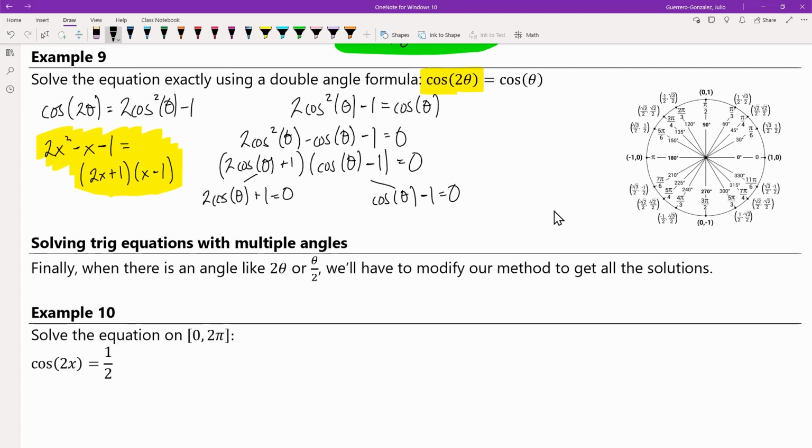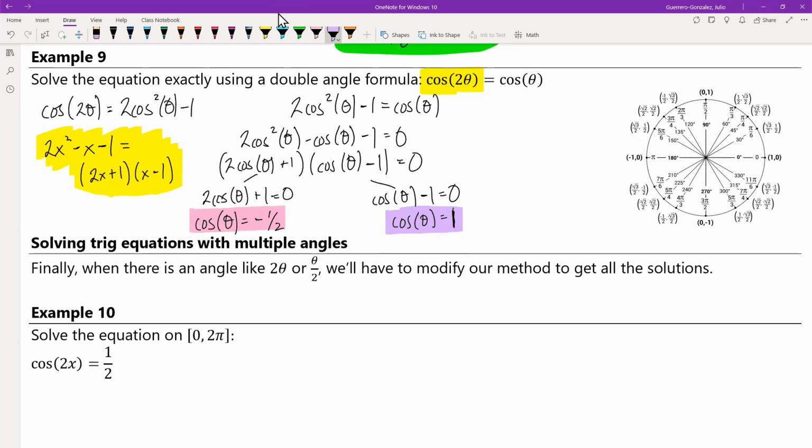If you solve out for cosine, cosine of theta is equal to negative 1/2, or cosine of theta is equal to 1. So now we need to solve two things. We need to get solutions for this one and this one. Let me color it a separate color. I'm going to color it purple.